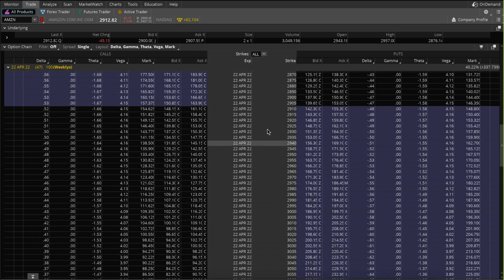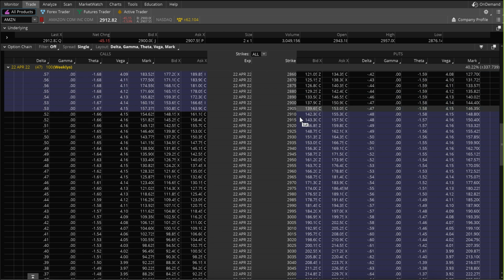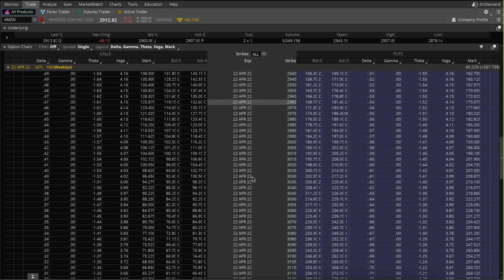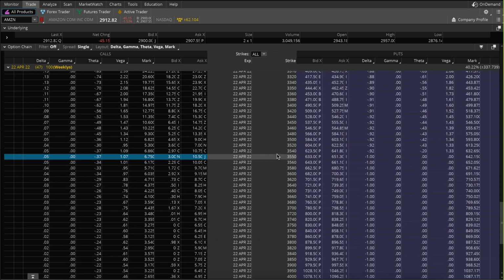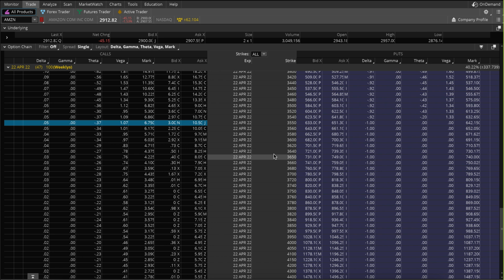If you go out of the money, you could do a vertical call for this one, but it wouldn't be as profitable. Let's say you thought Amazon had a chance of appreciating to $3,600. You come a little bit in here, and the contract at the strike price of 3550 would be a little under $700, $675.